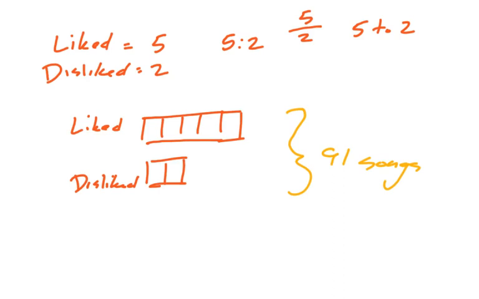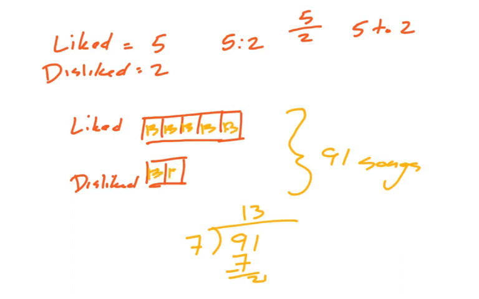And so we have 1, 2, 3, 4, 5, 6, 7 boxes total. So we could take 91 total songs and divide evenly among the 7 boxes, which should give us 13 for each box. So each box represents 13 songs total.